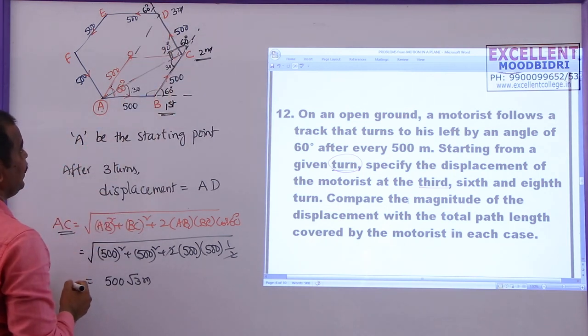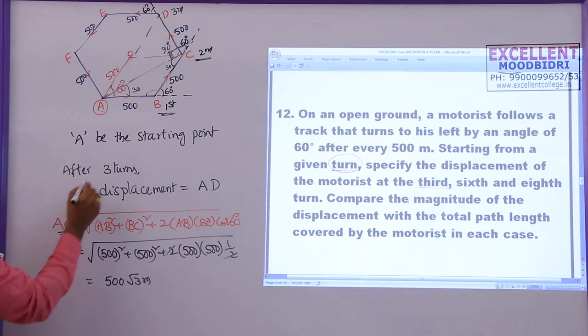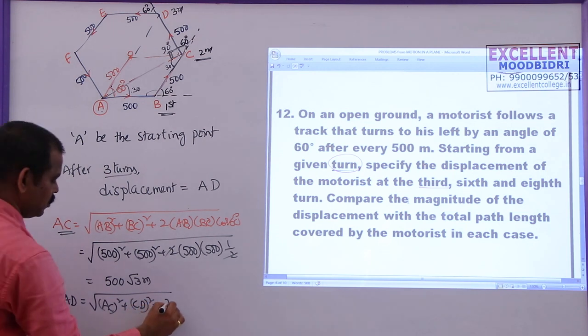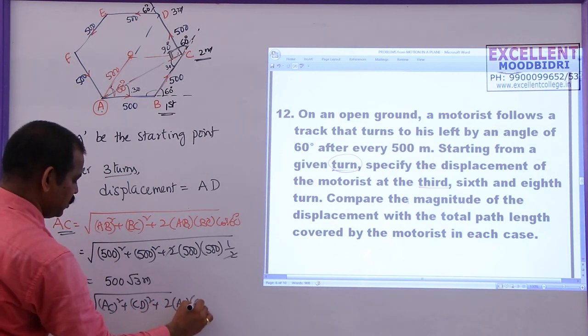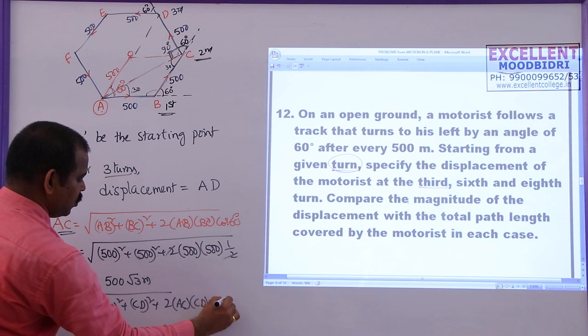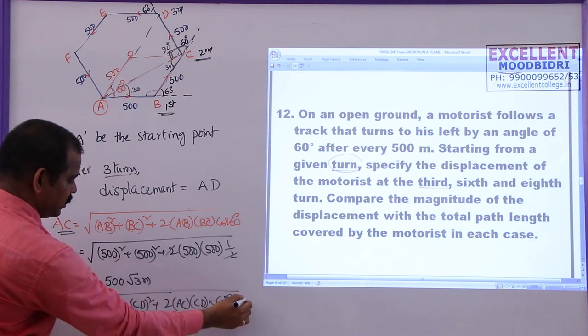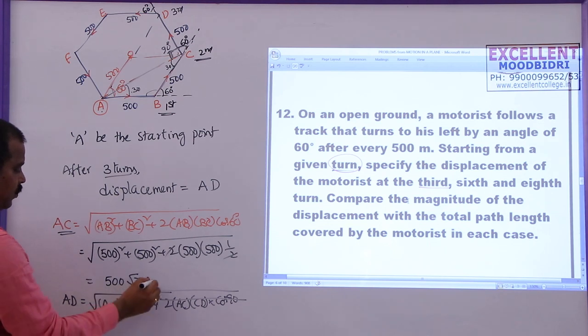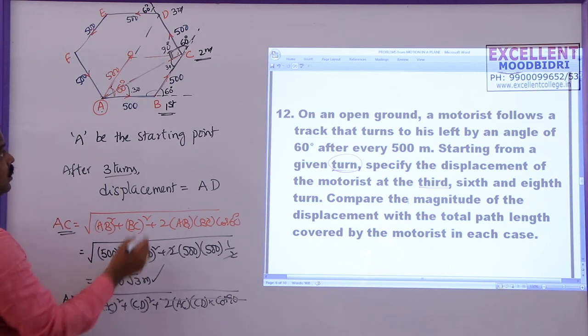So now what is AD, that is, the displacement after the third turn, AD. AD is given by root over AC square plus CD square plus 2 into AC into CD into cos 90. Cos 90 is 0, so this term will become 0. This is AC, we got 500 root 3.